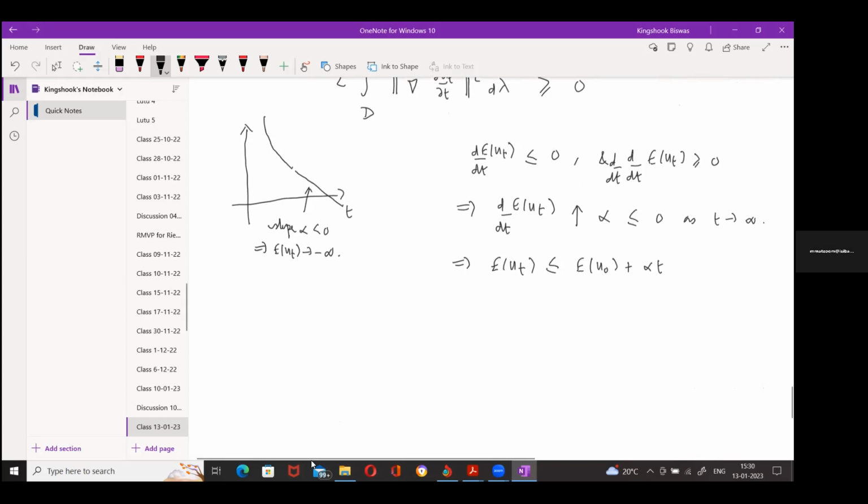So the right-hand side converges to minus infinity if alpha is strictly negative. That's a contradiction because the energy is greater than or equal to 0. Therefore, alpha must be equal to 0. This can't happen; it is a contradiction.